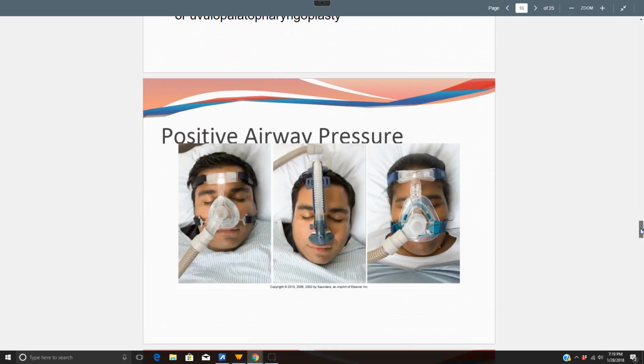And this next slide is obviously a CPAP machine. And when these are finally provided to the patient to help with their sleep apnea, the companies that make these machines provide instructions about how to clean them, because many times these patients can get infections if the tubing and masks are not cleaned properly.